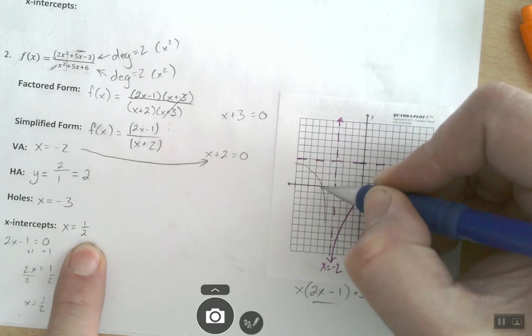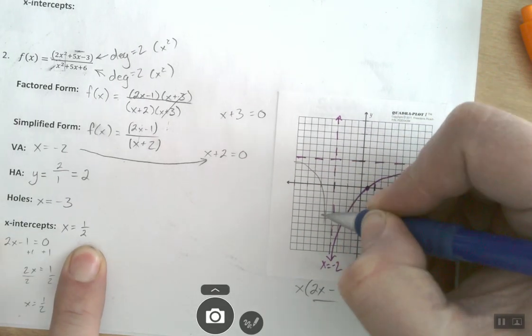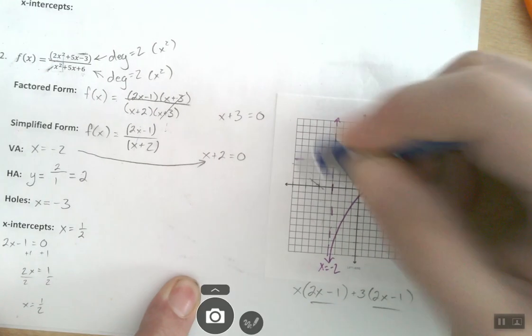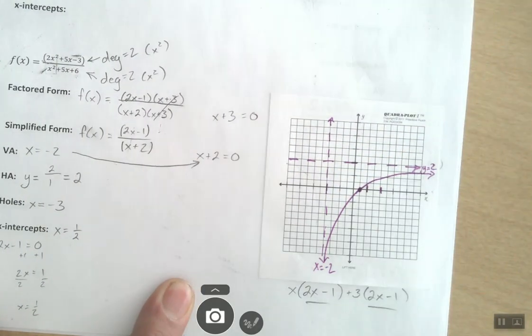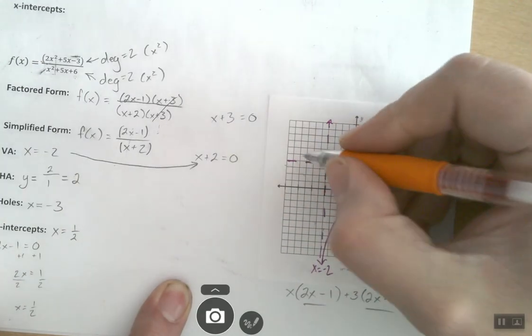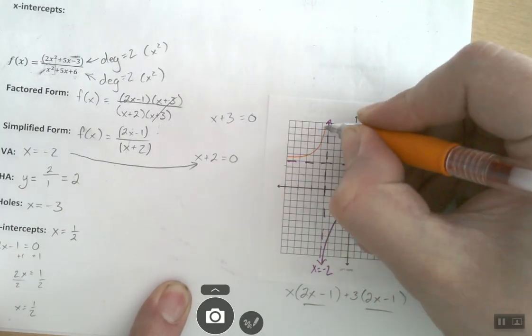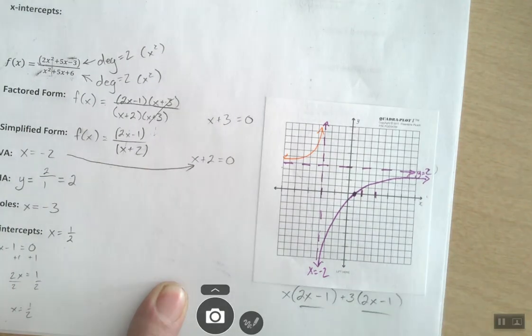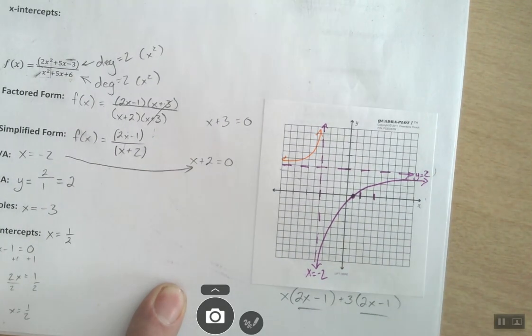If it's not going to cross over here, it can't be down in this area because it would have to cross. If it can't be underneath right there, where's the only other option? So it can't be over here. It has to be somewhere on the left. But if it can't cross, it must be up here. It can't cross the x-axis, and that's the only way that we can draw that curve without it crossing.